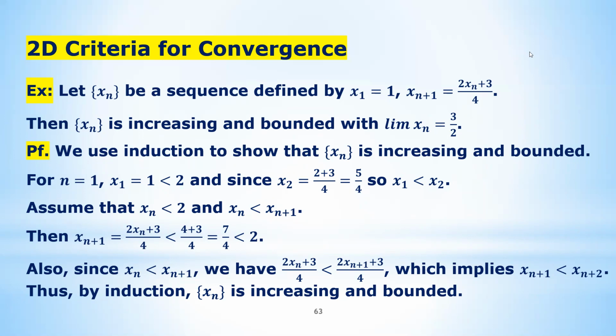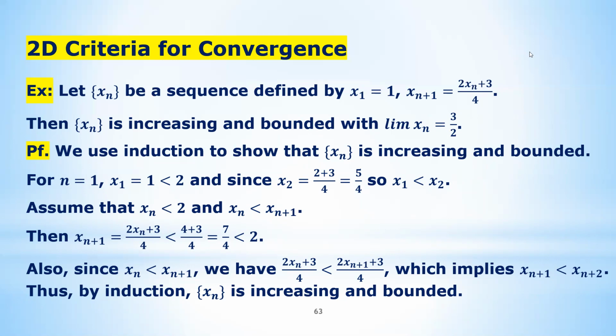And these two relations actually give you xn plus 1 and also xn plus 2. So naturally you can see that xn less than xn plus 1 will imply that xn plus 1 is less than xn plus 2. So therefore by induction you can see that xn is increasing and bounded at the same time. Okay, so that's how we apply induction to prove it is increasing and bounded.